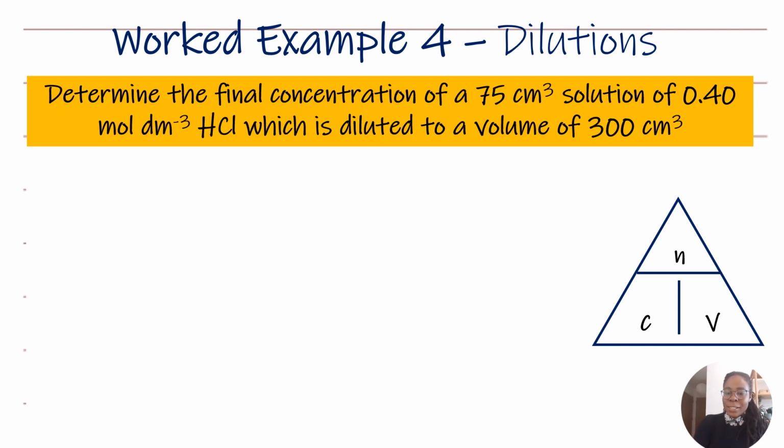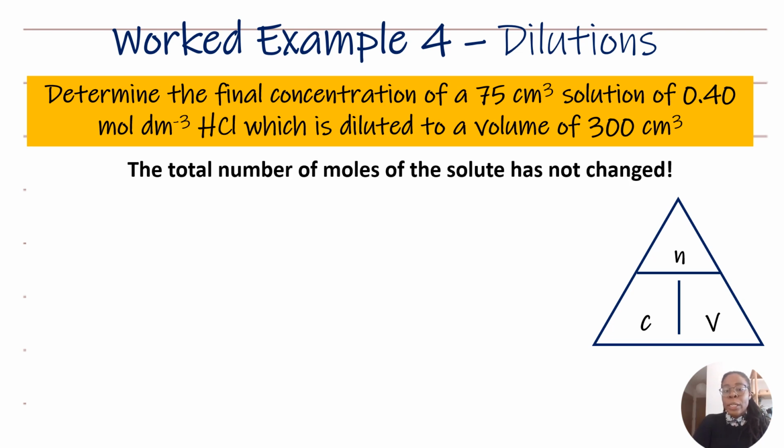For our final worked example, I promise: determine the final concentration of a 75 centimeters cubed solution of 0.40 moles per dm cubed HCl, which is diluted to a volume of 300 centimeters cubed. Now, for dilution questions, we are not adding anything except water, so the number of moles of the solute haven't changed.